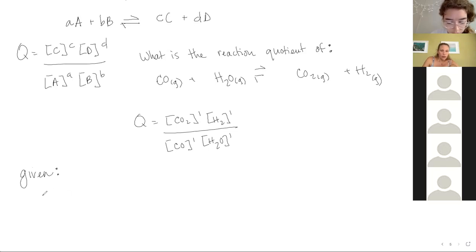Okay, so if I gave you concentrations, so your concentration of carbon monoxide is 1 molar, your concentration of water is 1 molar, your concentration of carbon dioxide is 2 molar, and your concentration of hydrogen is 2 molar.